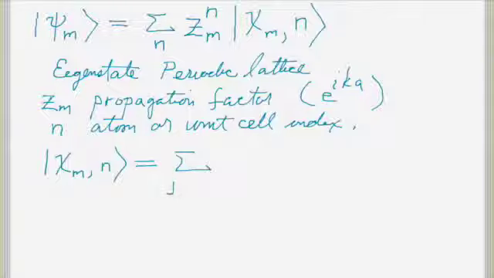So it would just be some sum of your 4 basis states of some amplitude corresponding to the particular mode, Cmj, alpha j.